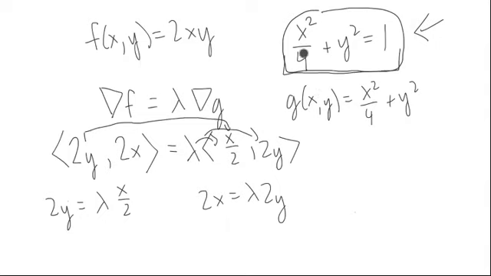Okay, so why don't we begin by thinking of lambda as kind of extra here. Notice how lambda just appears as a constant, so why don't we solve for lambda in each case?